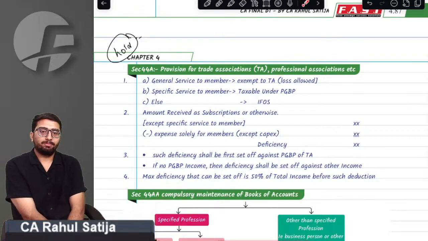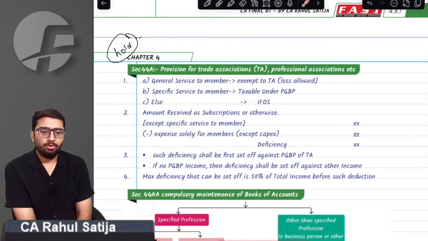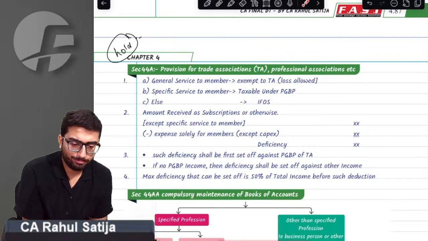Any issue till now? No, sir. Clear, clear, clear.